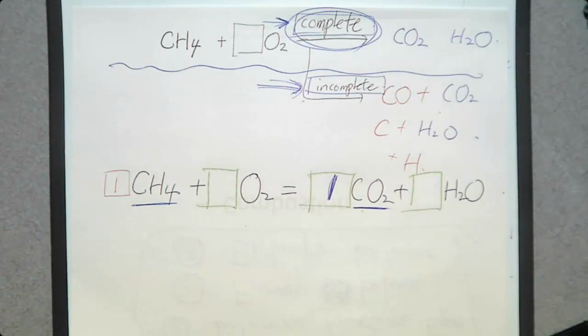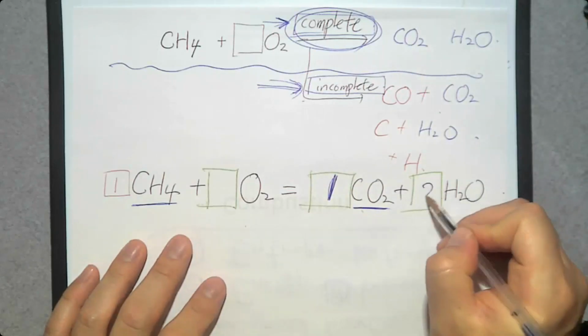We have 1 times 4, so 4 hydrogen atoms. So 1 molecule of methane has 4 hydrogen atoms. And how many hydrogen atoms are required to have 1 molecule of water? 2. So if you have 1 molecule of methane, you can create 2 molecules of water. Make sense? So there's a 2.